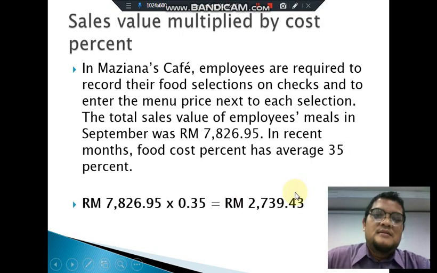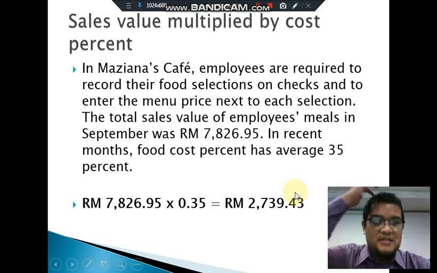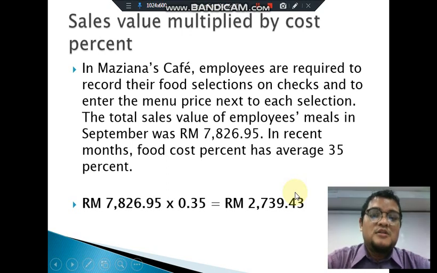Next, sales value multiplied by cost percent. This is a little bit tricky to understand, but very simple to calculate. In Marziana Cafe, employees are required to record their food selection on checks and to enter the menu price next to each selection. The total sales value of employee meals in September was 7826.95.